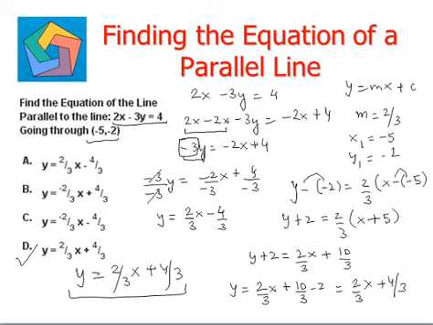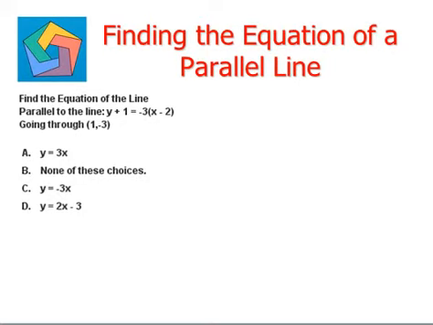Let's try out the next question. Find the equation of the line parallel to the line y plus 1 equals negative 3x minus 2, going through 1 and negative 3. So let's write down the question.